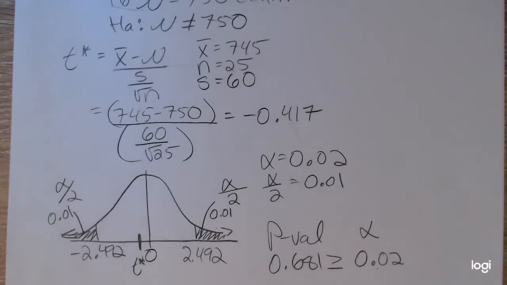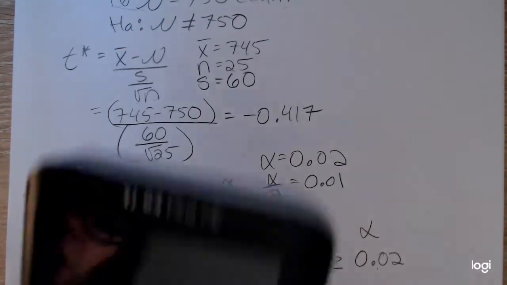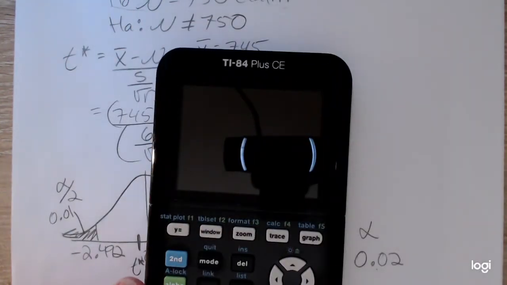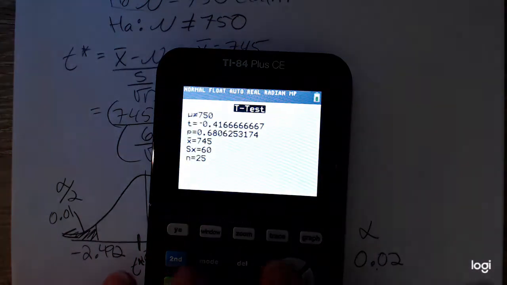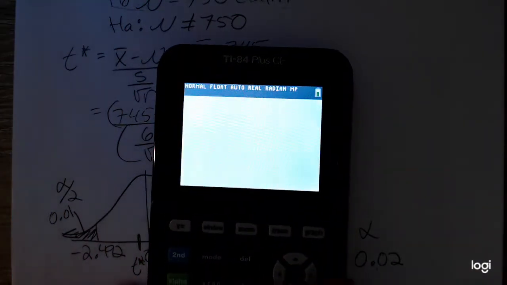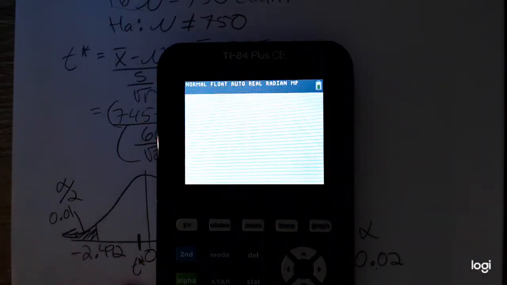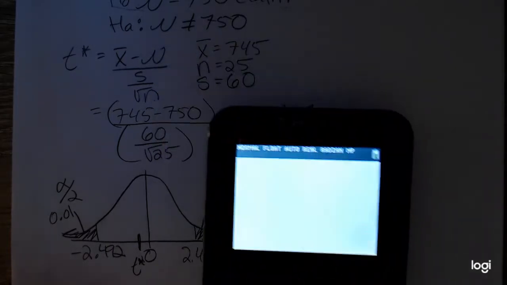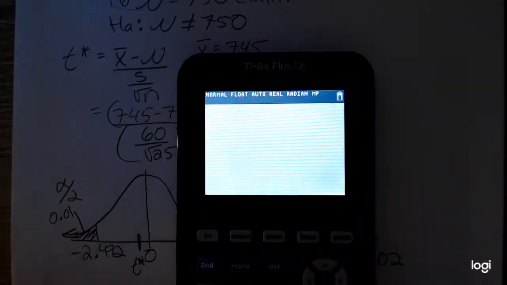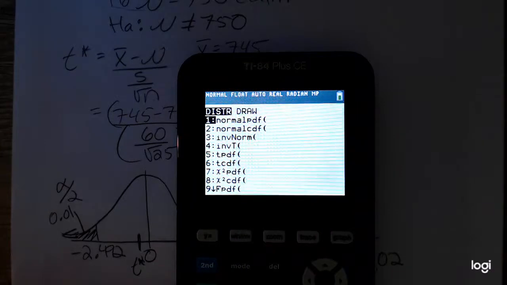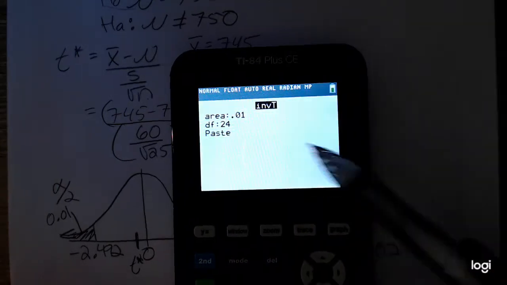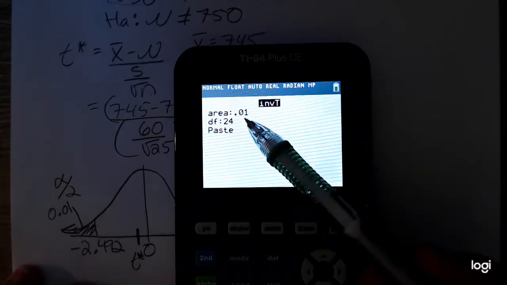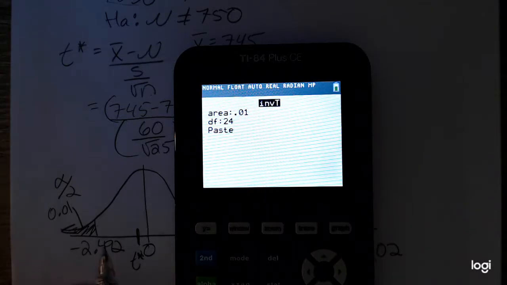If you want to find the critical value using your inverse t distribution in the calculator, it's fairly easy to do. If you have a newer TI-84, go to your distribution menu, select inverse t, and you need to input the cumulative area to the left of the critical value.